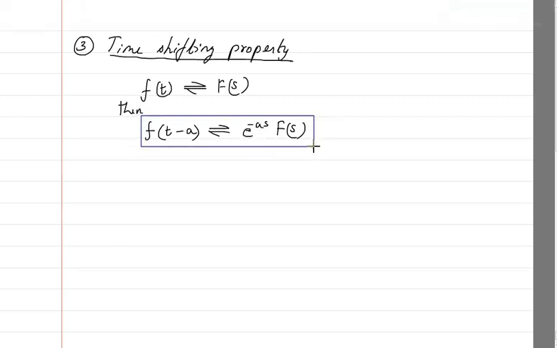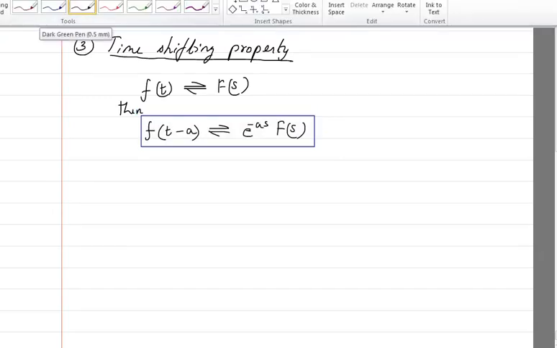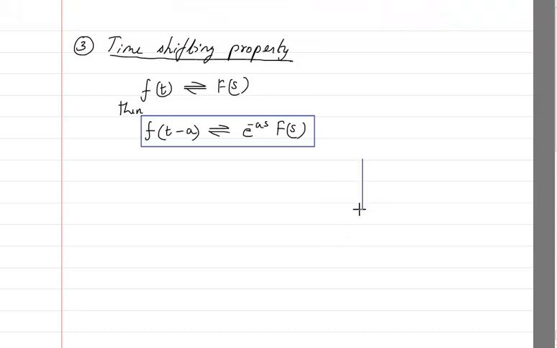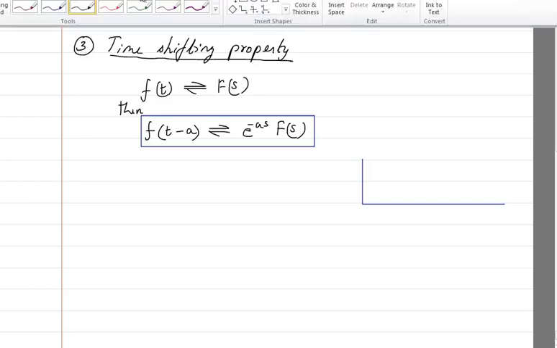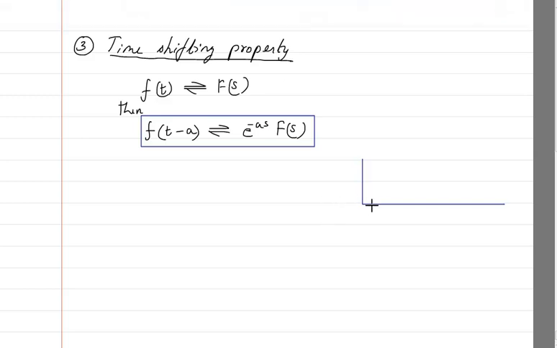You will understand this much better by first trying to understand the meaning of time shift, and then we'll look at some examples. Now let me draw an example. In the time axis, I draw the positive and the negative side.